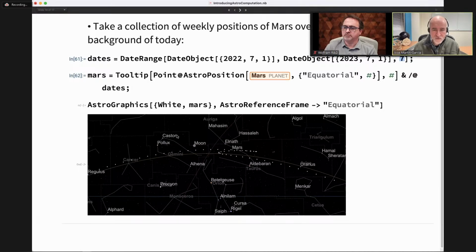So this background is today, but these are the points of Mars, the position of Mars every week, right? And we see how it moves in this direction, then it goes back a little, and now we are about here, right? That's March 3, and then it will continue going in this direction. So this is a way to represent retrograde motion.